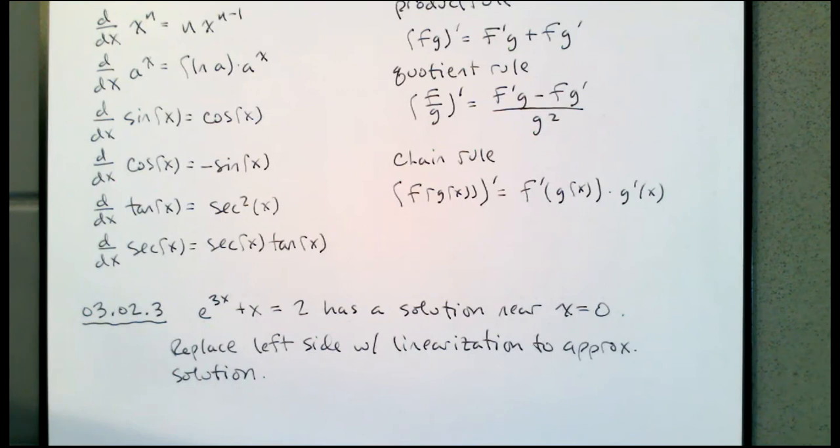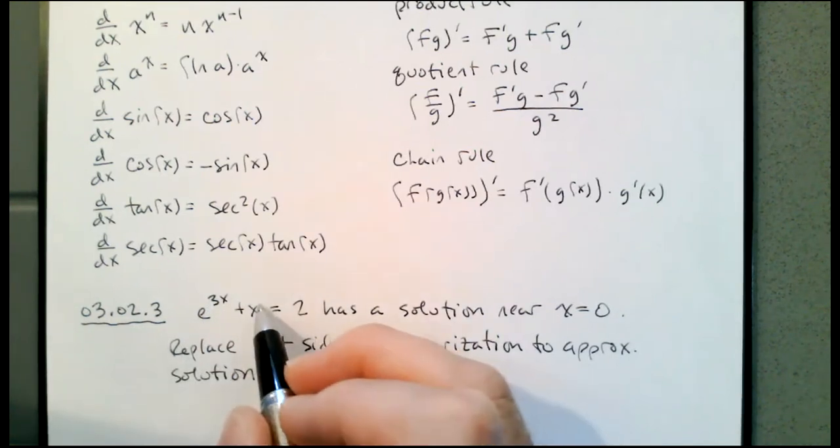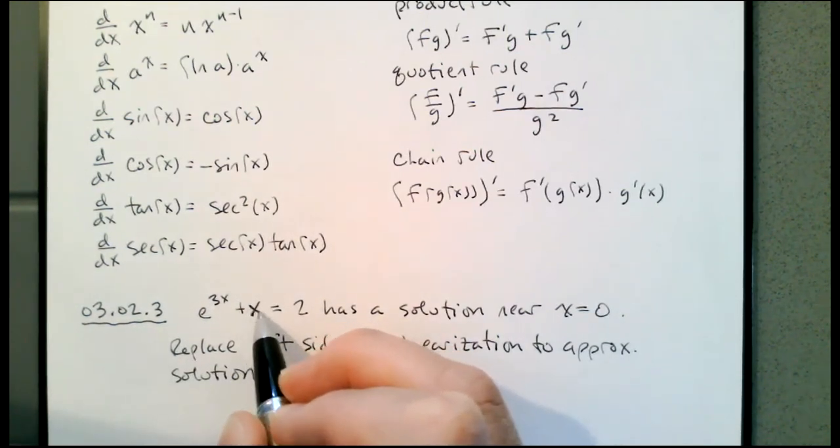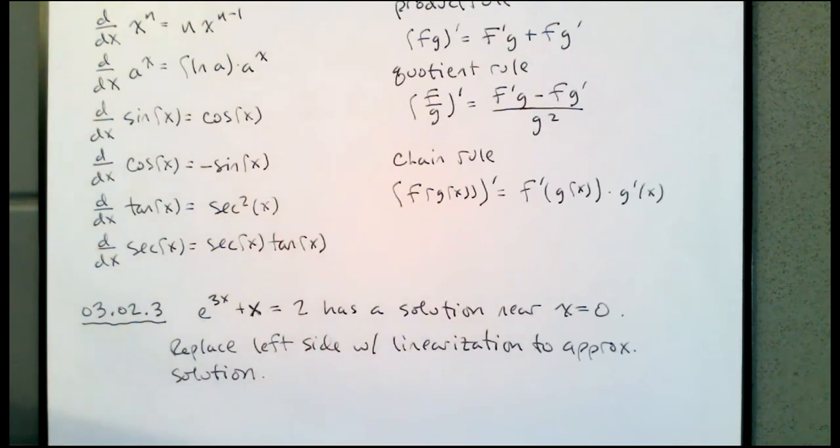The problem is we don't have some algebraic technique to get us at x. We can't just easily do some stuff to both sides of the equation and solve for x. Part of it is we've got this e to the x function, this exponential function, mixed with this polynomial function x. And so there's not going to be a way to resolve this.